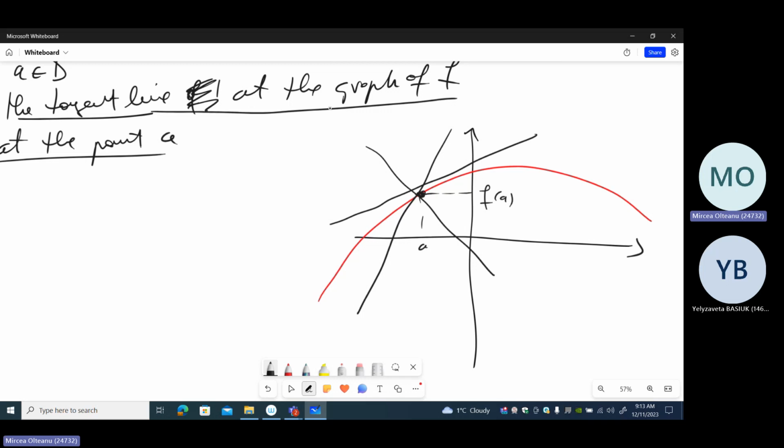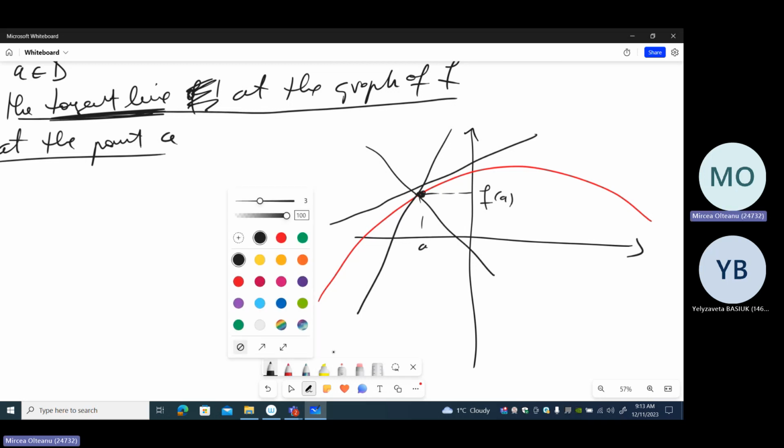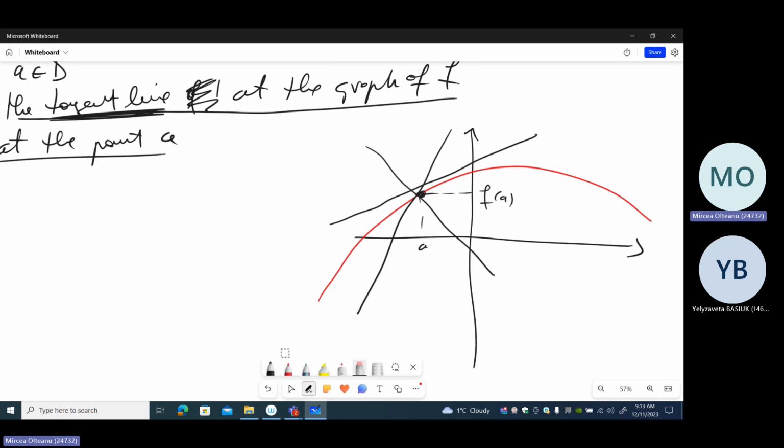So the tangent line, from the geometrical point of view, is that straight line which passes through this point, and it is the most similar in this region with the graph of the function.